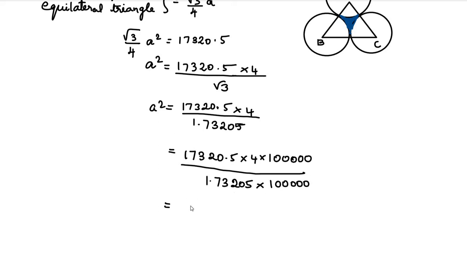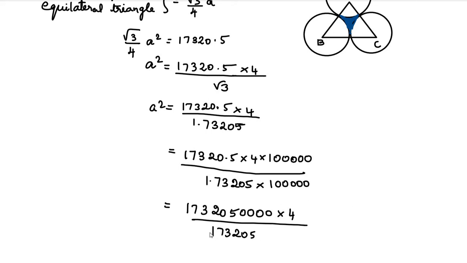Now when you multiply like this, what will you get? With 1.73205 and 5 zeros, instead of 5 zeros I can write 4 zeros, and after the fifth zero I can keep a decimal point. I can cancel that, right? Into 4 by 1.73205.